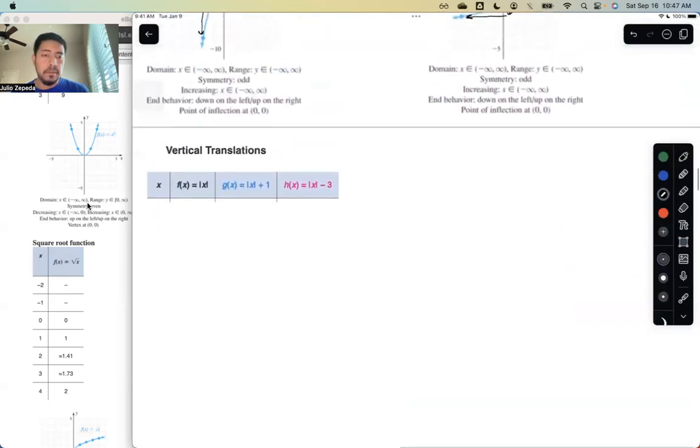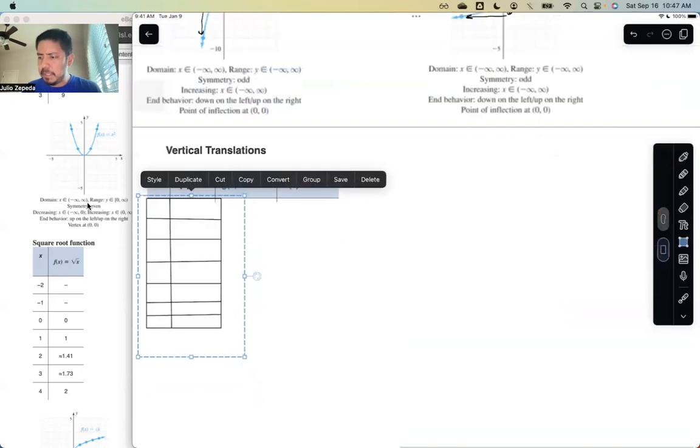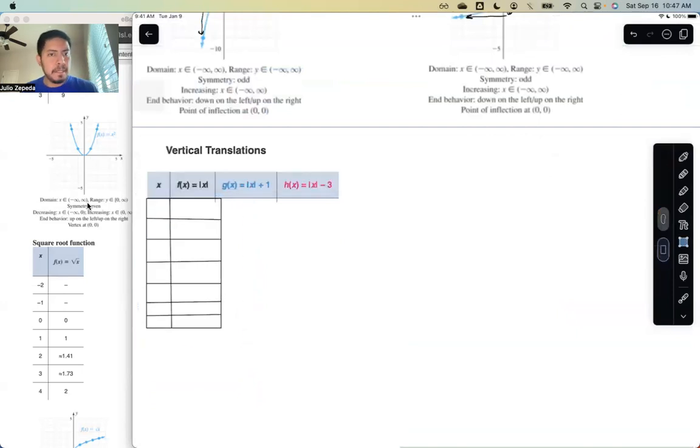All right, so let's take a look at a couple of examples here. We already know what this basic function looks like: f of x equals the absolute value of x.